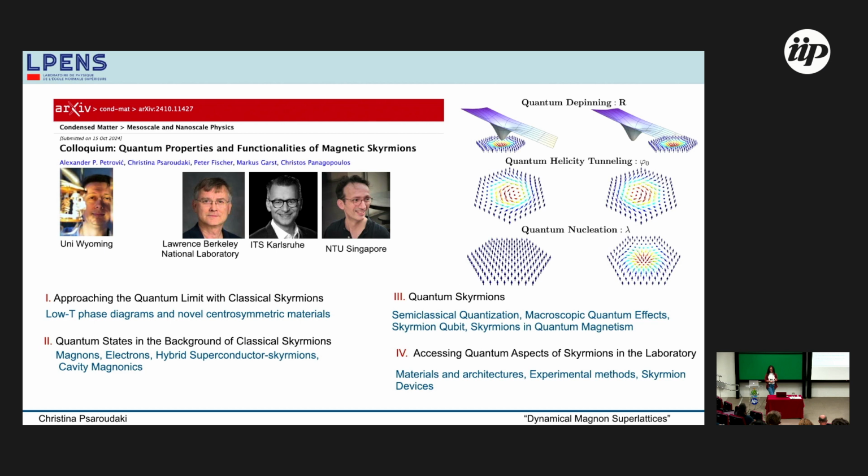And the second is what is the temperature below which I can have tunneling through the barrier, and that shouldn't be 0. Based on those restrictions, you can calculate how big the skyrmion can be, in terms of its size and in terms of the total spin, before I lose this quantum behavior. That's a very specific calculation, and you really see when the skyrmion becomes classical and where it's quantum.